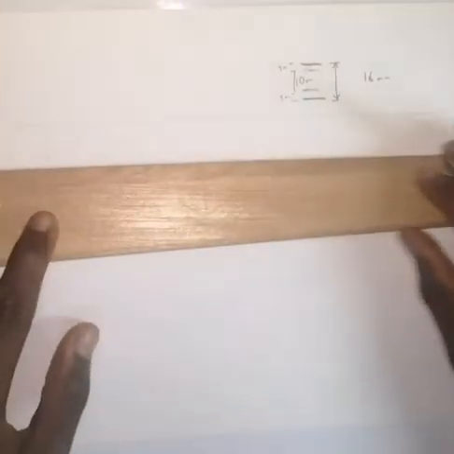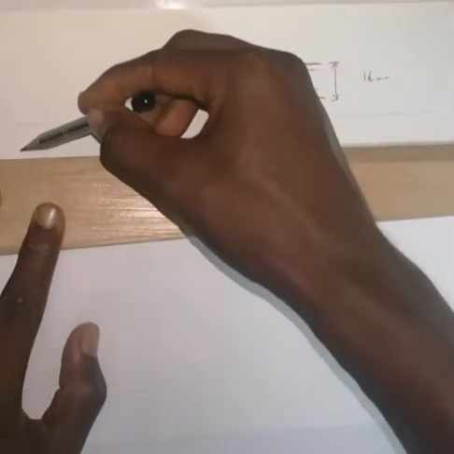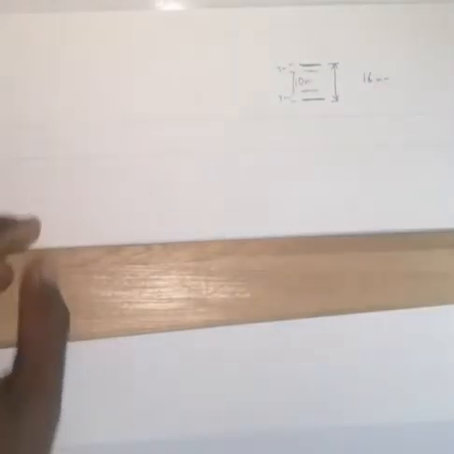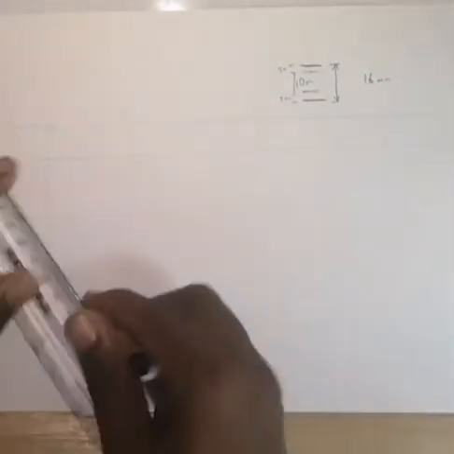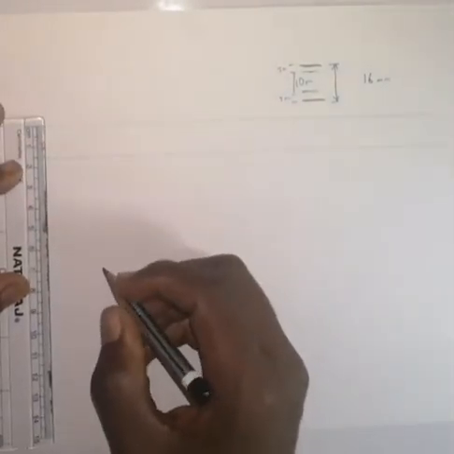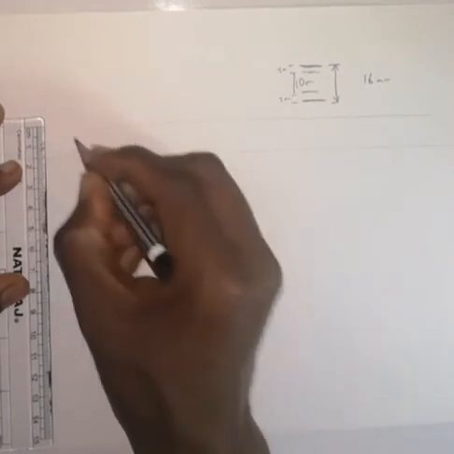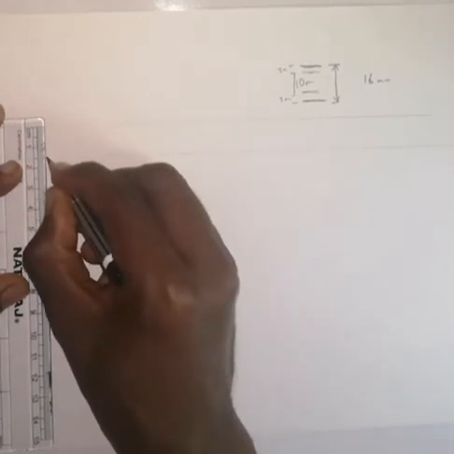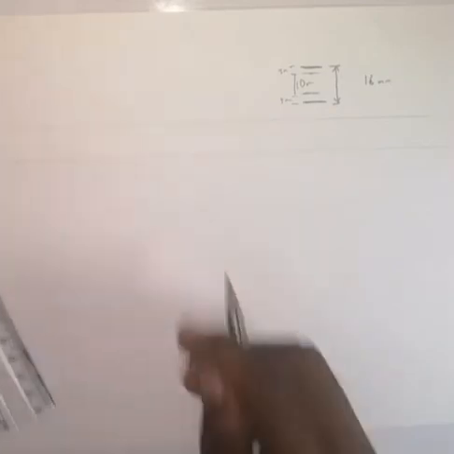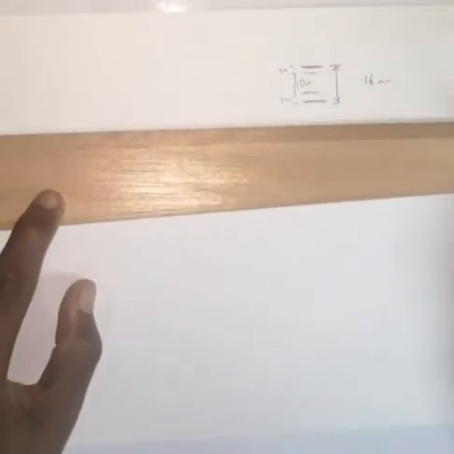Now, if you have set the paper well, you realize that immediately you draw this, the distance between these 2 lines should remain 16 throughout. From there you would mark 3 above and then 3 below. Then you would also draw.